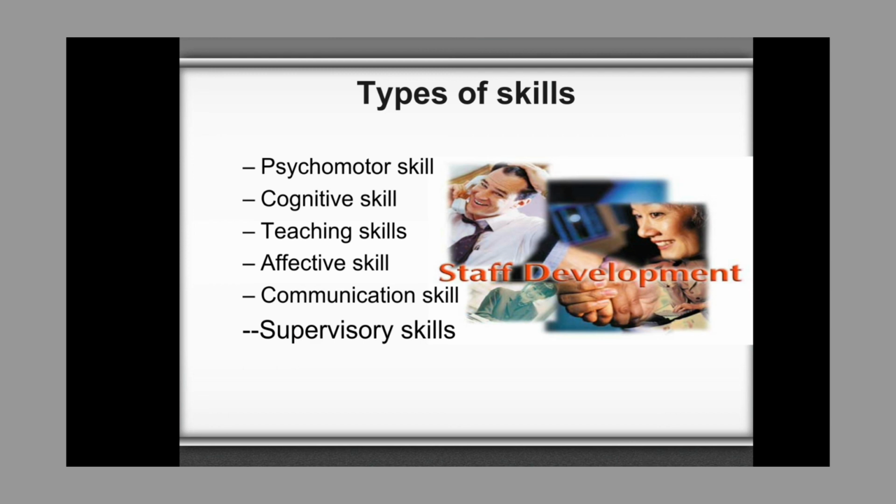Then the next class we will see the managerial training, and then different models. I will explain staff development models, and then what are the functions, benefits, steps, and how to plan, organize and implement one in-service staff development program in your organization. That also I will discuss in the next slide.